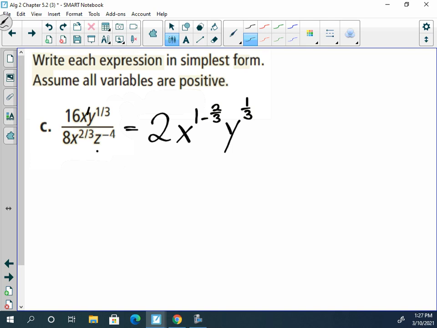Now lastly, z to the -4th on bottom. Well, since the exponent is negative, we can move it from the bottom of the fraction to the top, which takes it from being to the -4 to just the 4th power.